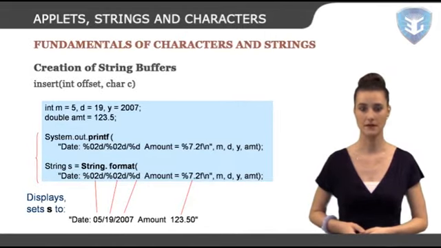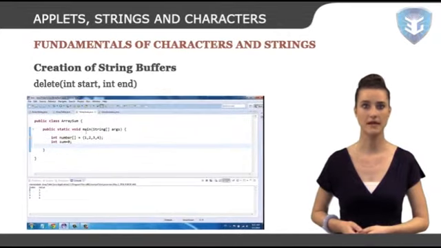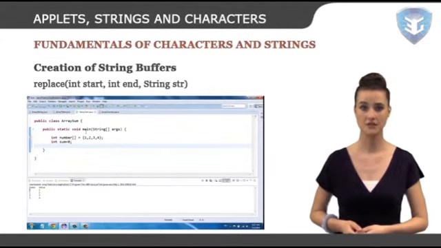6. insert method, int offset, char c. Inserts the string representation of the char argument into this StringBuffer. 7. delete method, int start, int end. Removes the characters in a substring of this StringBuffer. 8. replace method, int start, int end, String str.